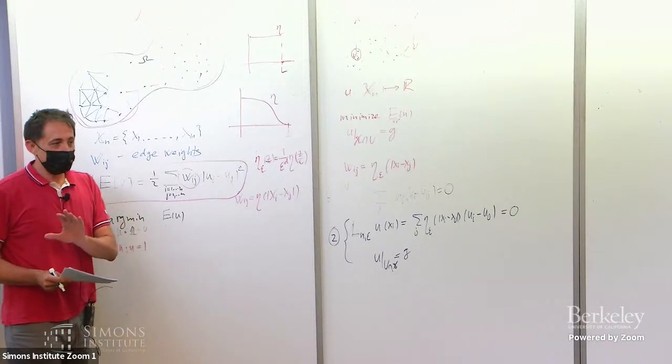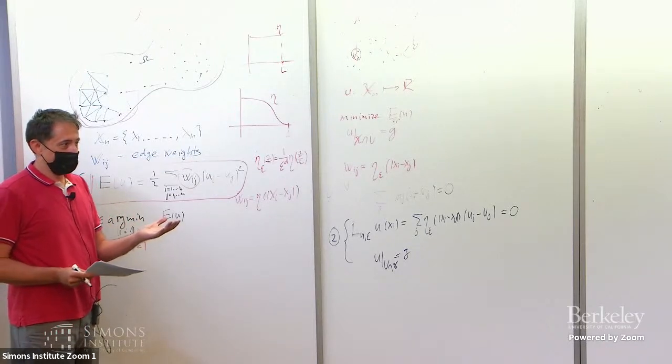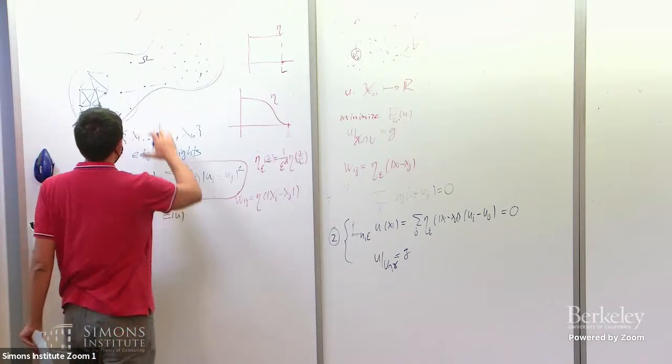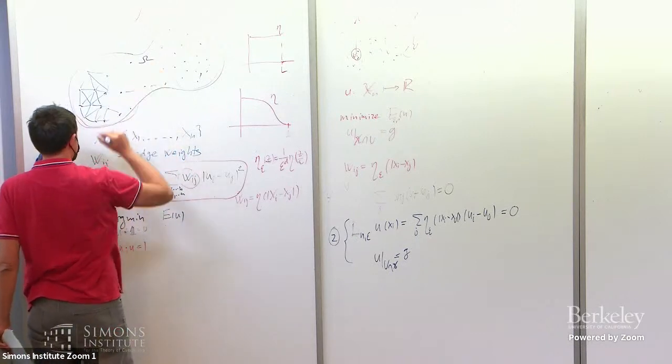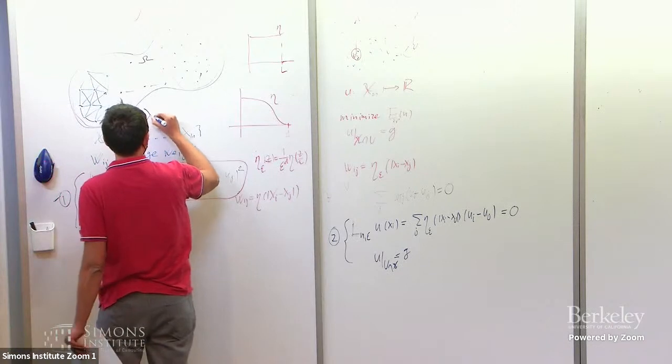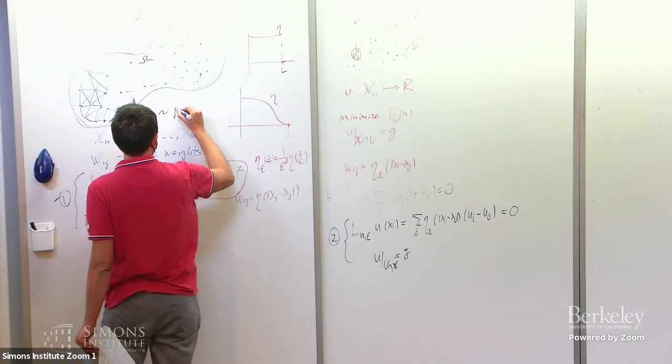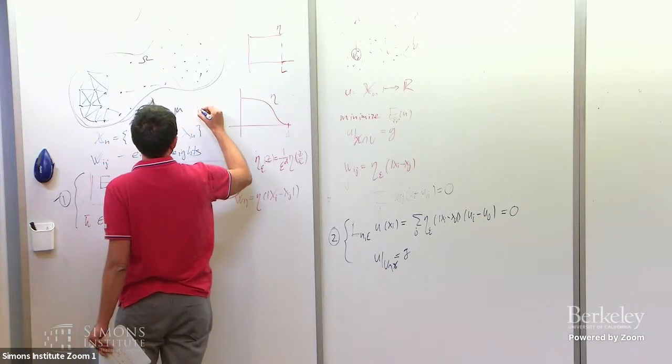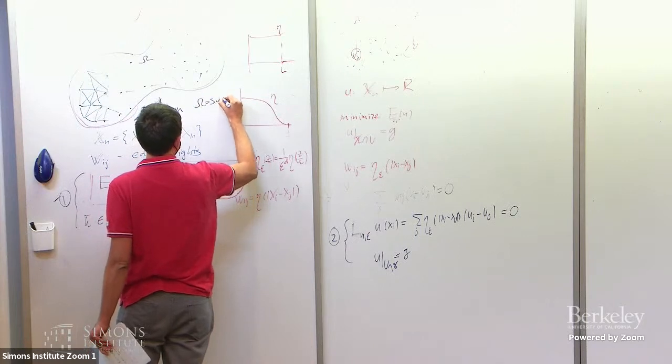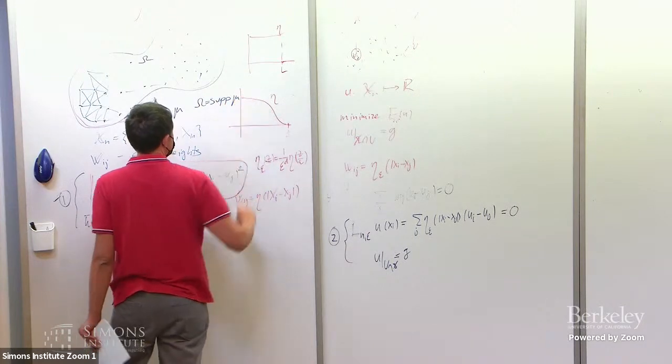Again, everything can be done on manifolds, it's just more complicated to write down. There exists a set of full dimension such that all of these points xi are random samples of a measure mu, and omega is describing the support of this measure mu.